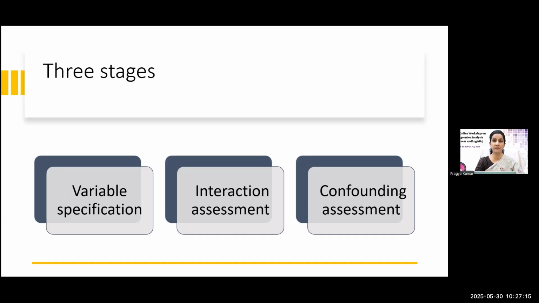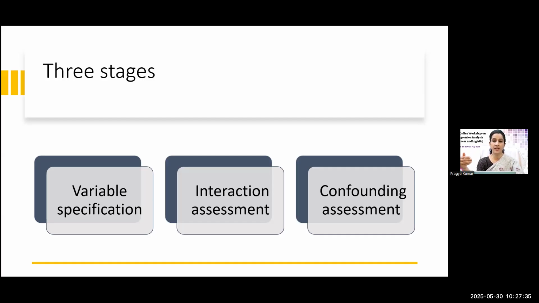Because we have said that if the change in beta is more than 10%, then you will say that it is a confounder. If not, then it is not. So how do you decide? Basically, that is not the way. We were doing it just for our learning, but it should be based on theoretical background.